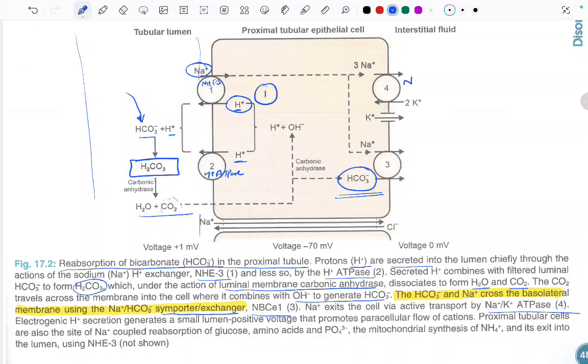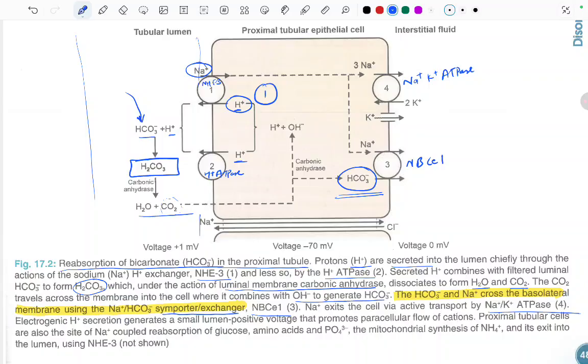And the third one was the sodium bicarbonate symport exchanger. So this is how sodium is reabsorbed into the interstitial fluid.